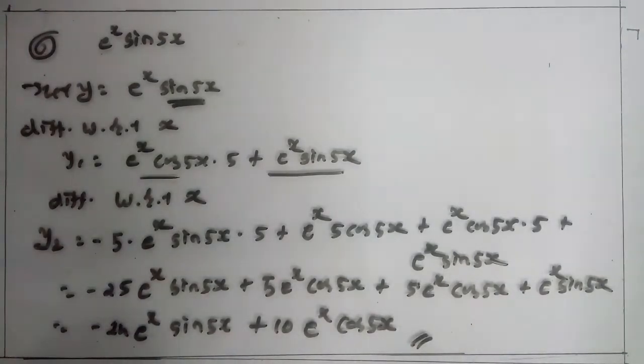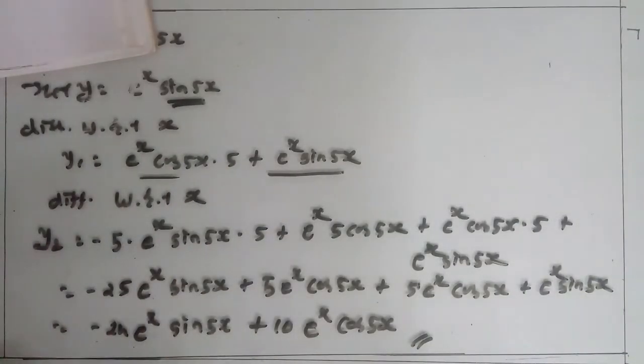Clear? Or here take 2 e^x common, so here we get 2 e^x into bracket 5 cos 5x minus 12 sin 5x. Clear? Applying the same, solve question number 7.